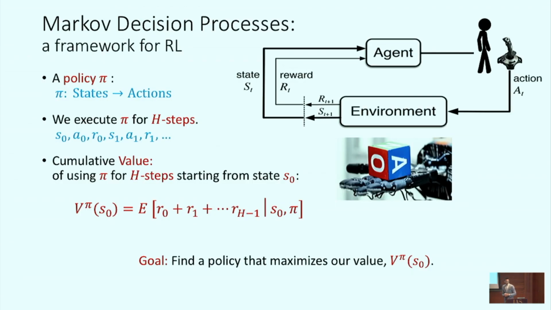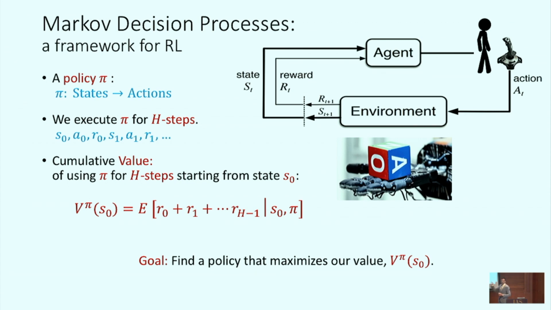Okay, so we're going to be working with the standard MDP framework, which people are familiar with, but just in terms of notation, we're going to have some policy, which is a mapping from states to actions. We're going to execute a policy for H steps in the environment.